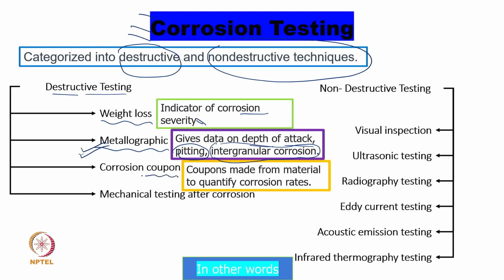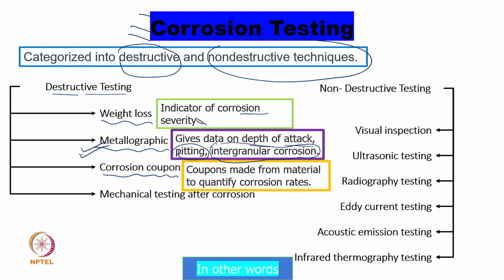We also learned about the corrosion coupon, and this was covered in at least two topics of the earlier lecture. What we do in this case particularly is make a number of coupons, maybe 100, 200, 500, and we want to test how corrosion is progressing. Is it a linear progression, is it a non-linear progression? Basically, we can increase the percentage of chemical and figure out the corrosion rate.